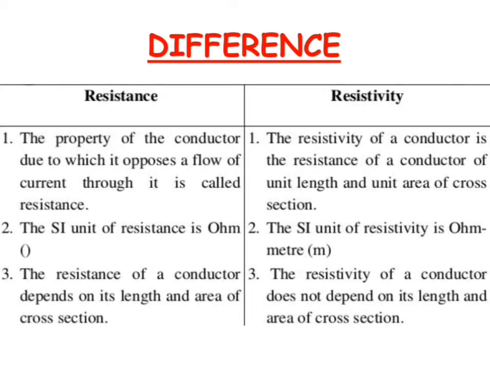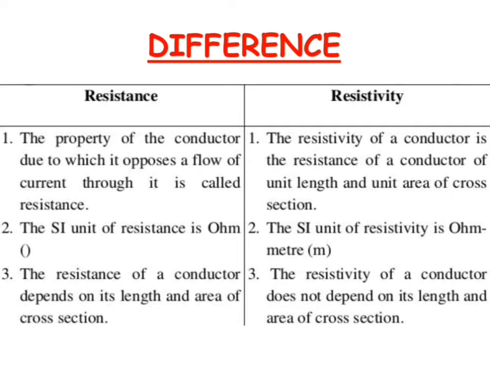Moving ahead, what is the difference between resistance and resistivity? In the first point of this difference, you just have to rote learn it. The first point is the definition. What is resistance? It is the property of a conductor due to which it opposes the flow of current through it. Now what is resistivity? The resistivity of a conductor is the resistance of a conductor of unit length and unit area of cross section.